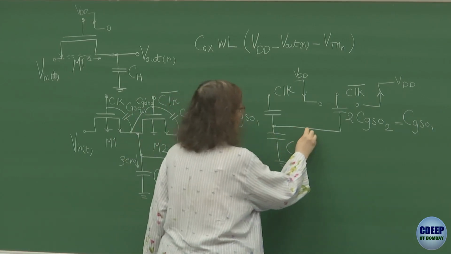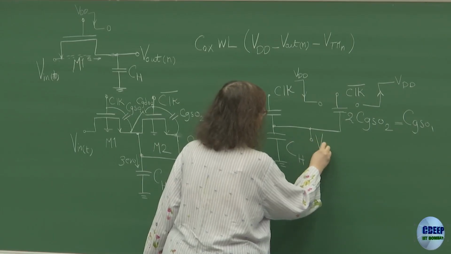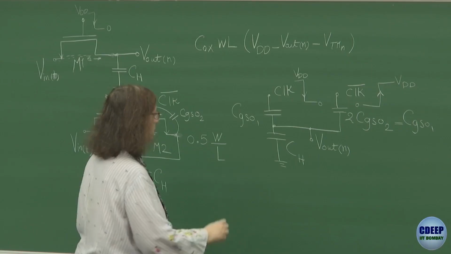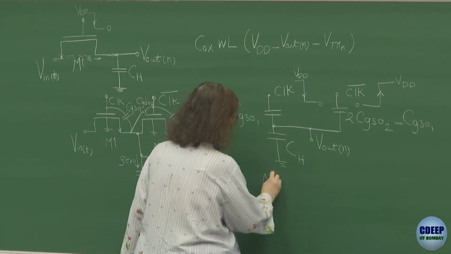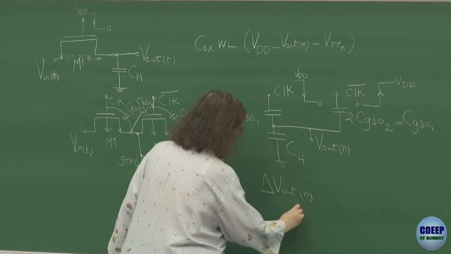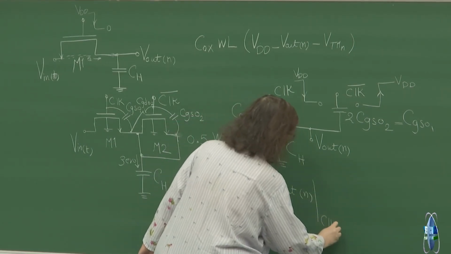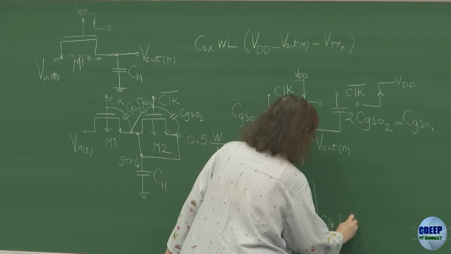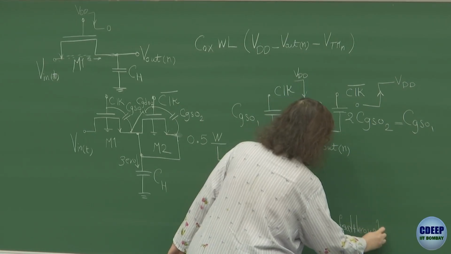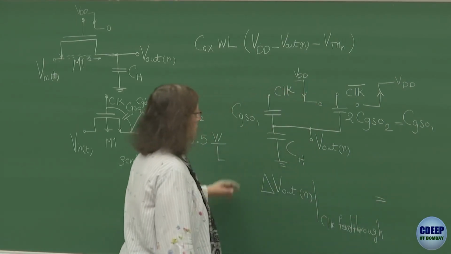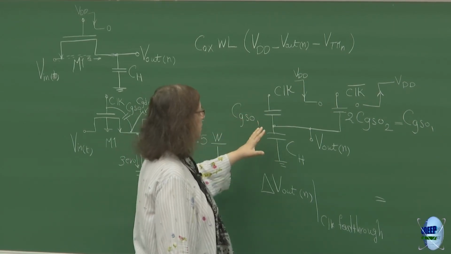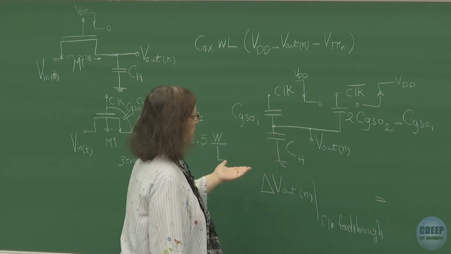Therefore, if we consider V out N, how much would be the variation in V out N due to clock feed-through? So we have two capacitive divisions and we use the superposition principle.